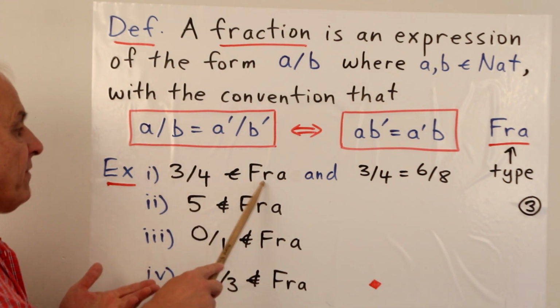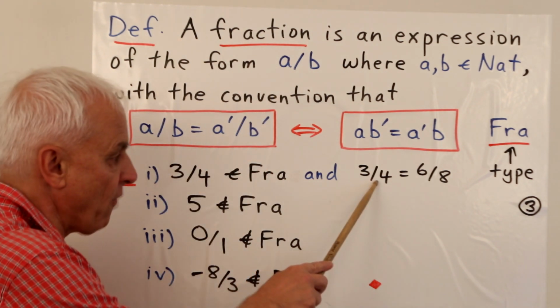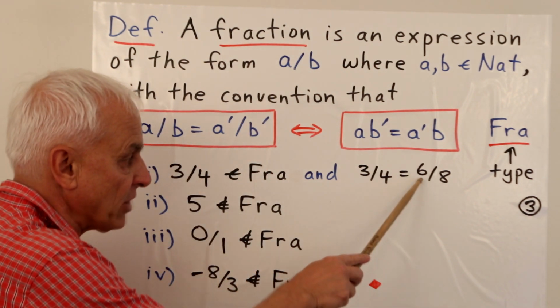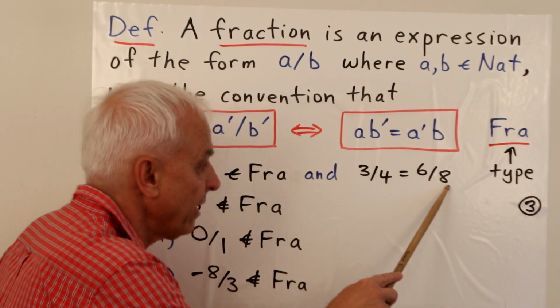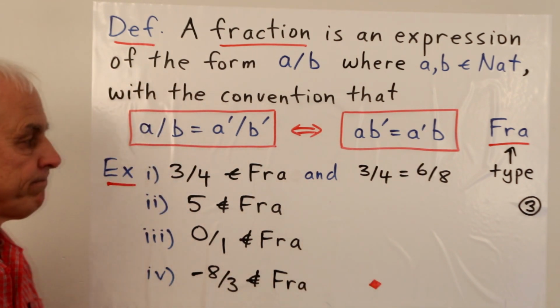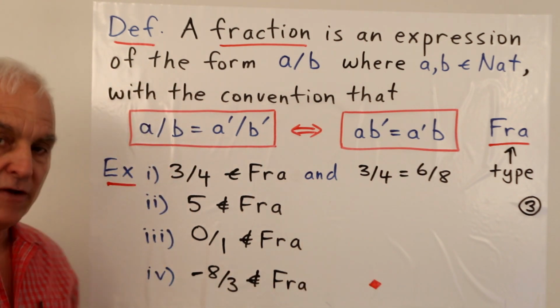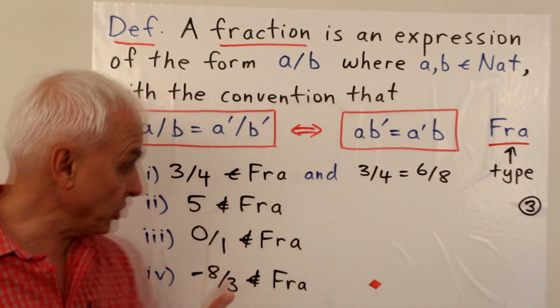3 over 4 is obviously a fraction because it's in the right form. And 3 over 4 is equal to the fraction 6 over 8 because 3 times 8, which is 24, equals 6 times 4. How about 5? Is that a fraction? Important question. Is 5 a fraction? You just look at this.